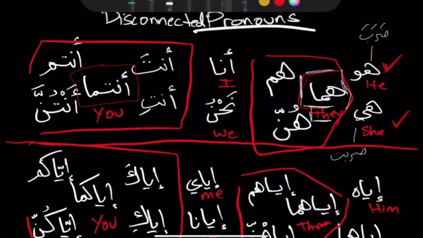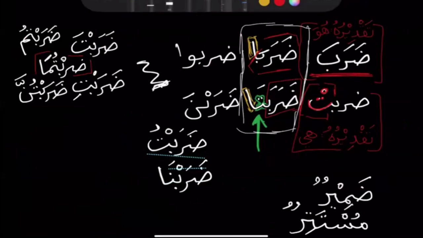If you want to say huma, then which one? Masculine or feminine? If it's masculine, you're going to say huma daraba. If it's feminine, you're going to say huma darabata. What happened here? Let's put our harakat for the verb. Ba, ra. So that's for two people, but it is separated into masculine or feminine. Daraba and darabata? Yes.